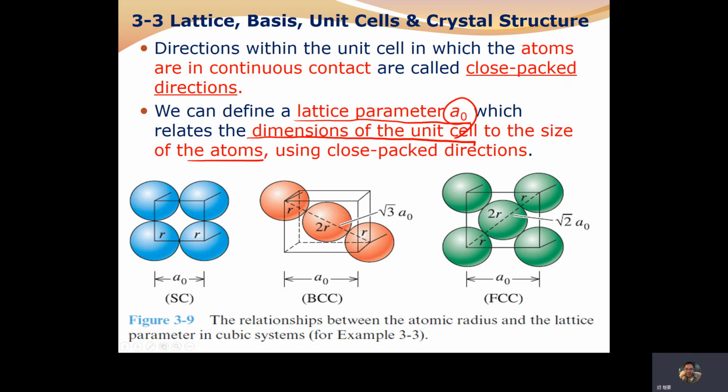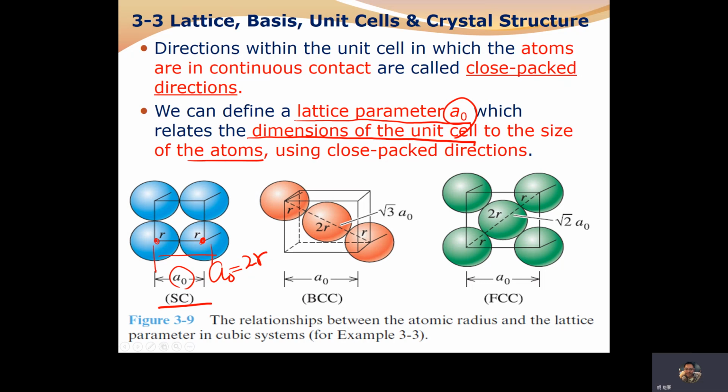For example, look at the simple cubic. These two atoms are in contact with each other, and this distance is the lattice parameter. Therefore the lattice parameter equals 2 times the atomic radius.